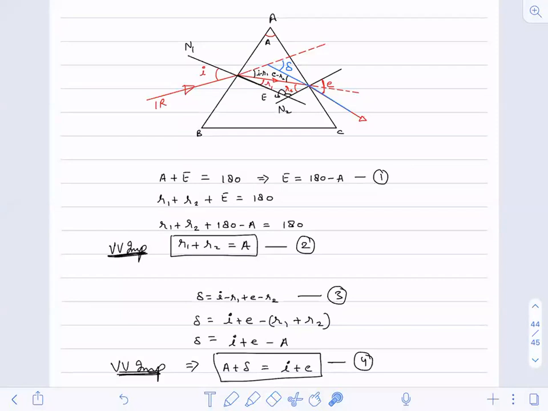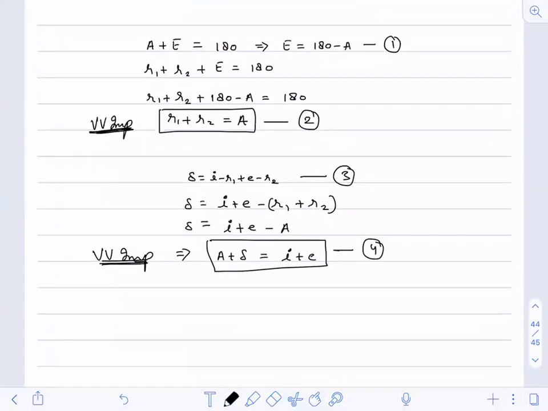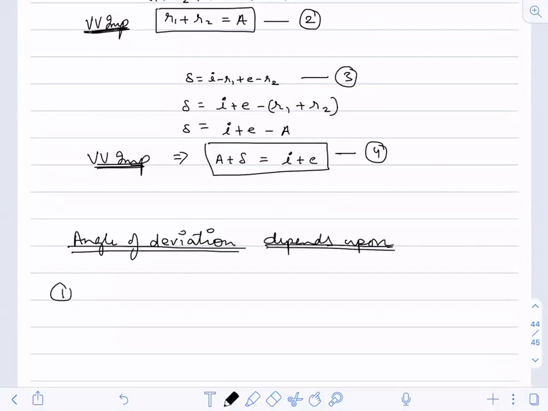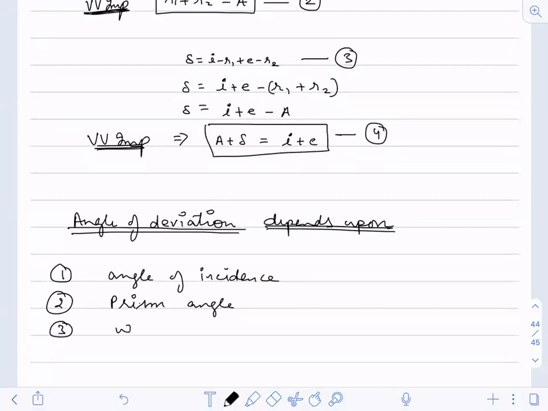So angle of deviation depends upon first, angle of incidence, second, prism angle, and the third one is wavelength of the incident light.